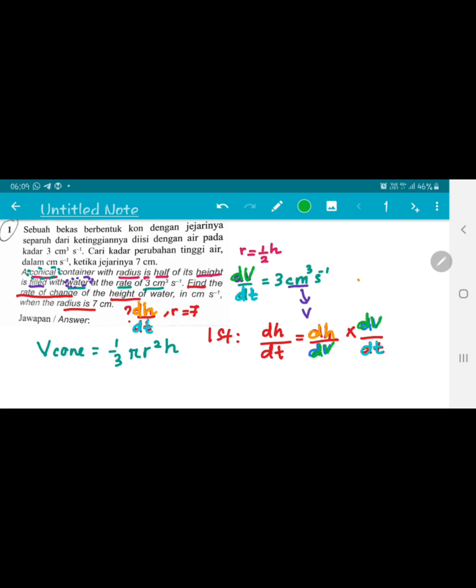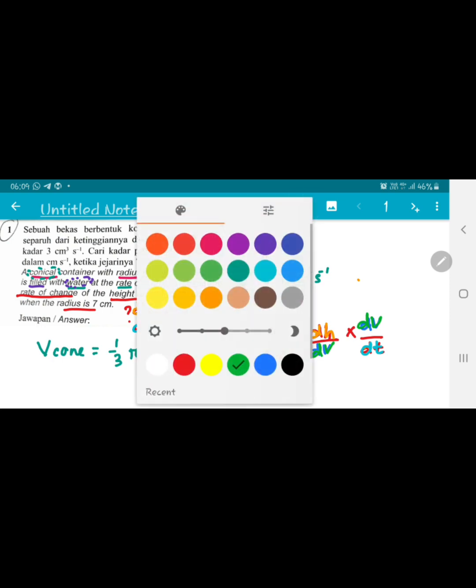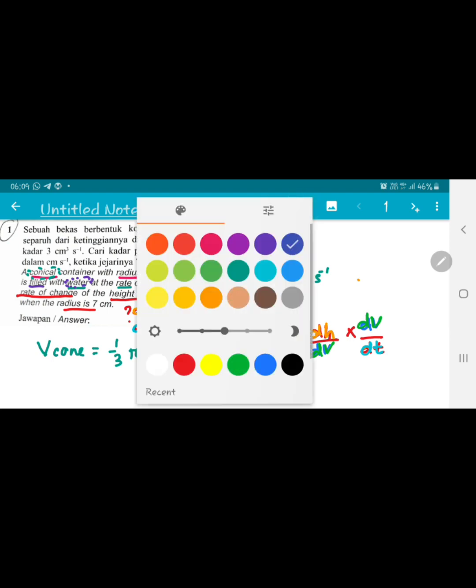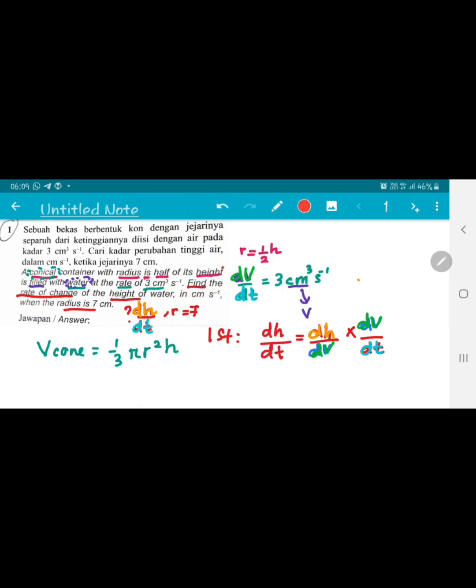Alright, so now dH/dt equals dH/dV times dV/dt. This is dV/dt, and dV/dt is 3 lah. Now you don't have this dH/dV, tak ada, so you kena cari dia.